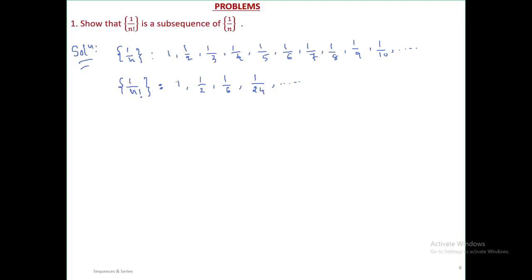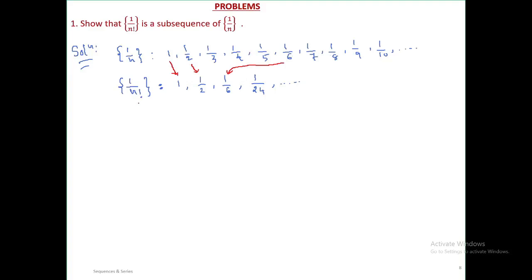Now we need to conclude this one is a subsequence of 1 upon n. In general, how to get a subsequence: the terms of the subsequence are not new terms, they are old terms only, but according to some rule we collect the terms from the sequence only. The first term you collect from here, the second term from here, the third term from here, like this. Somewhere you will get 1 by 24 for n equal to 24. So you collect a few terms according to some rule, and that rule is 1 by n factorial.